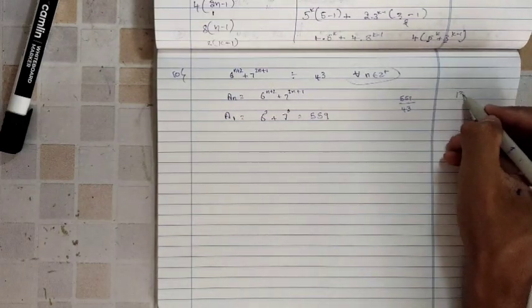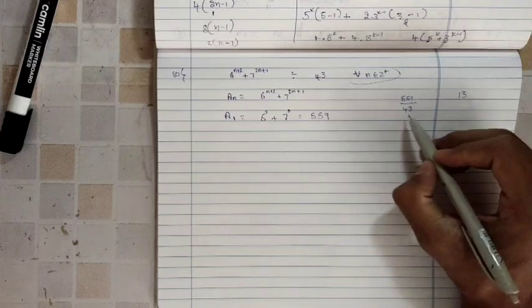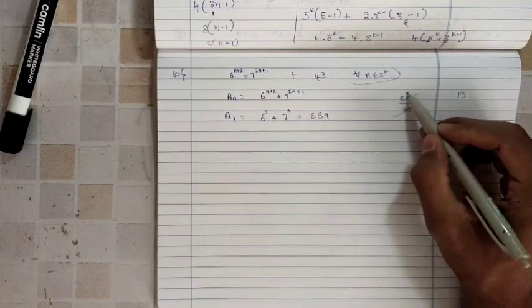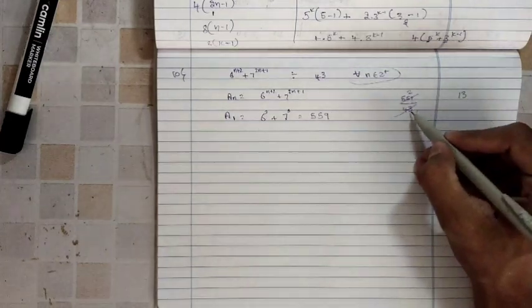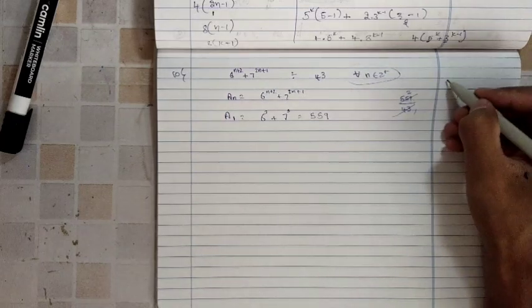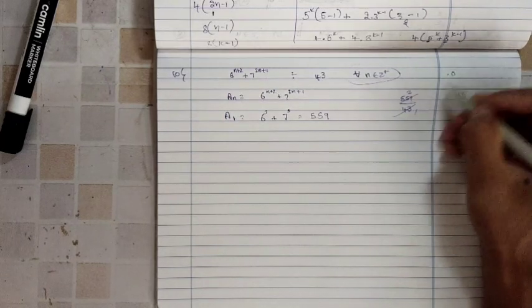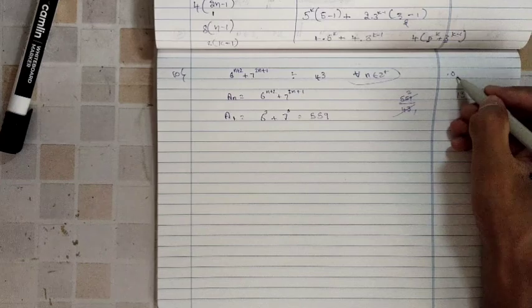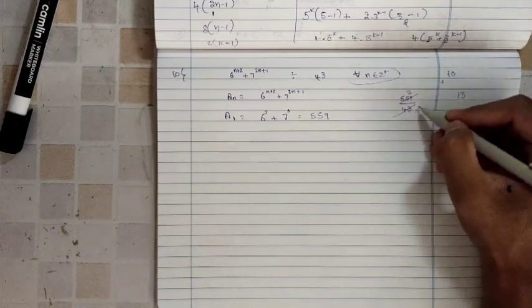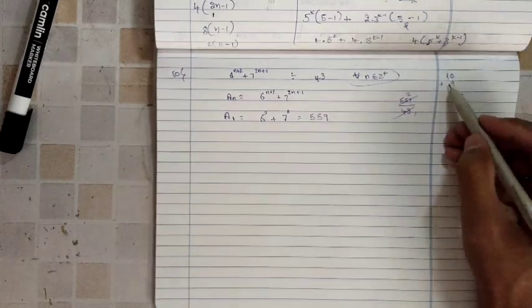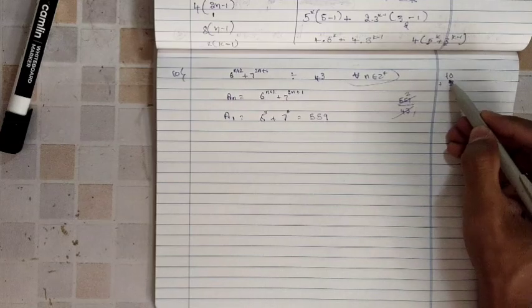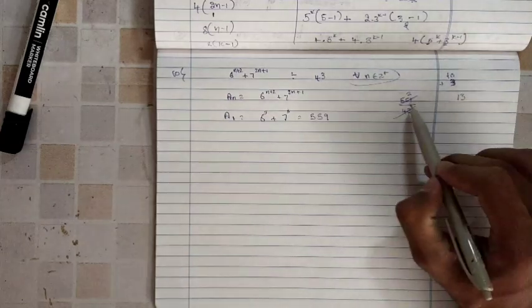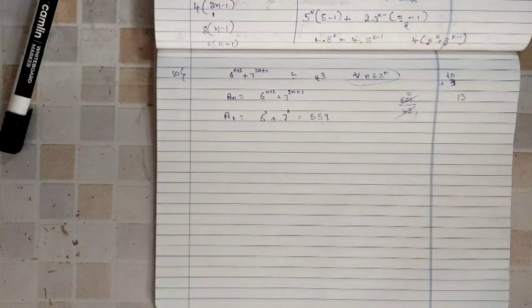I think 13 times this 43. How am I doing this? See, 3 is there here, right. So 3 tens give 0 here, and again 3 threes are 9, right. So 9 should be the last. So 559 by 43 is 13 itself. Okay. Now it is true.